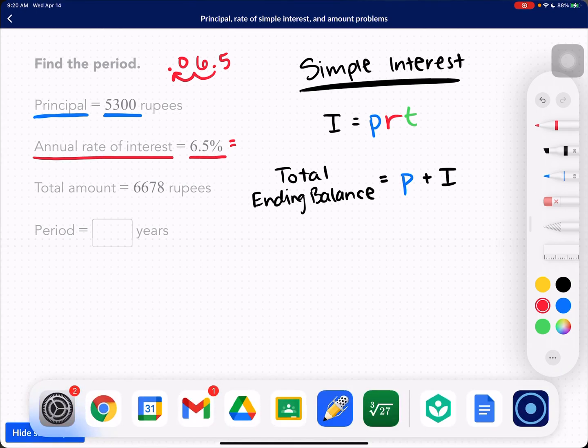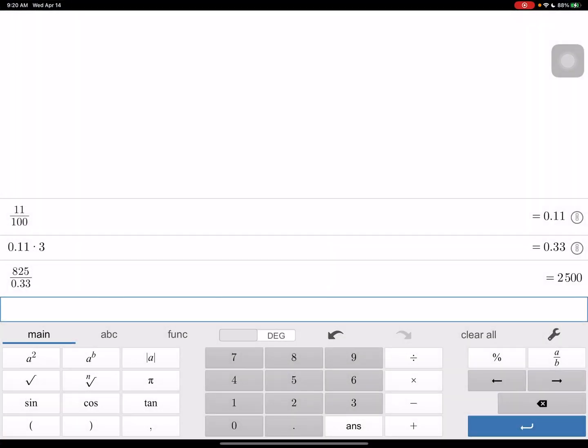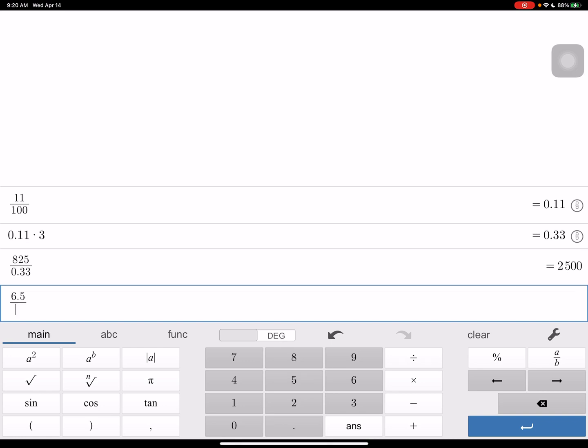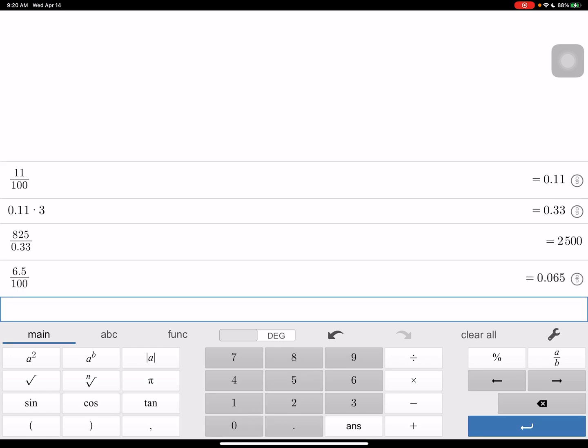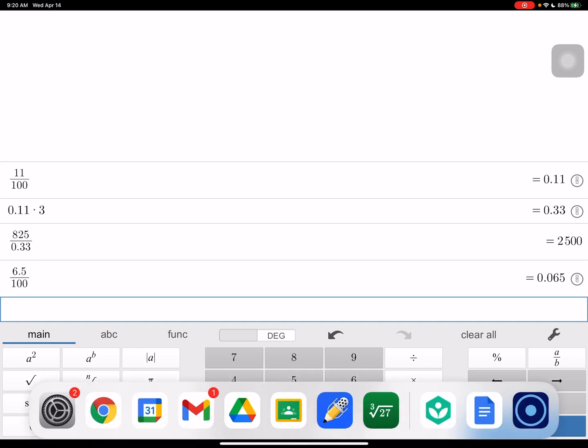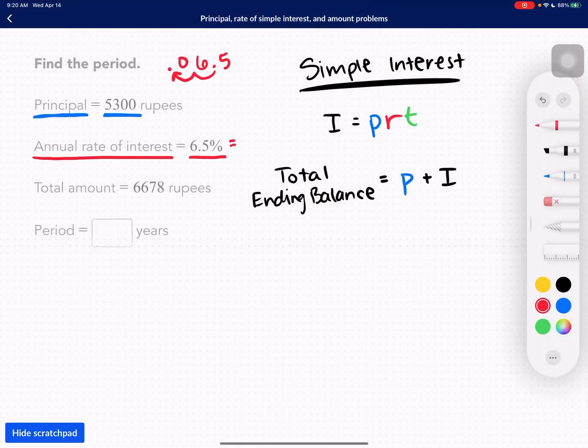So you can also divide 6.5 divided by 100 if you want to see what it would be written as without the percentage. So it's 0.065. So it's good. I know my rate and I know the total ending balance is 6,678.